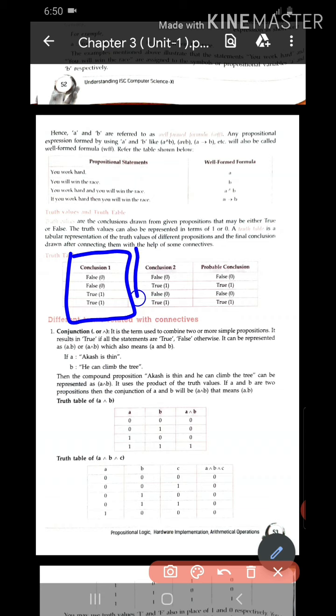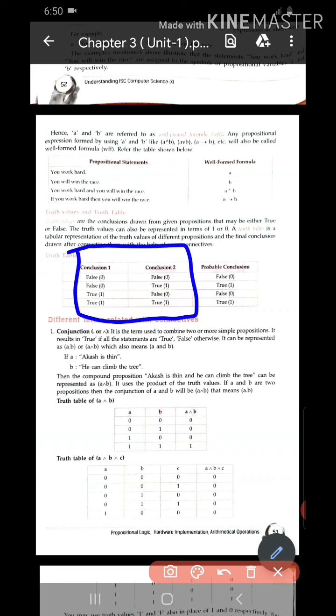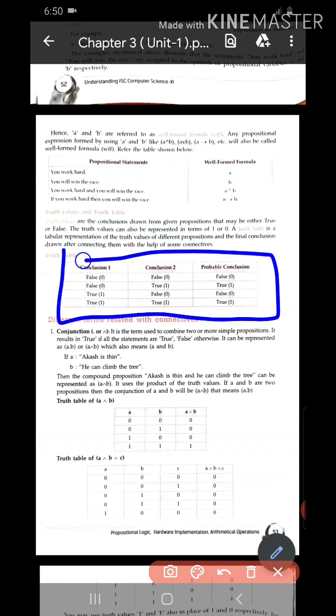The second condition also provides either true or false, so again it is a proposition. Both propositions are combined together with the help of some formula, and then again they provide some conclusion. The whole together is known as a truth table.